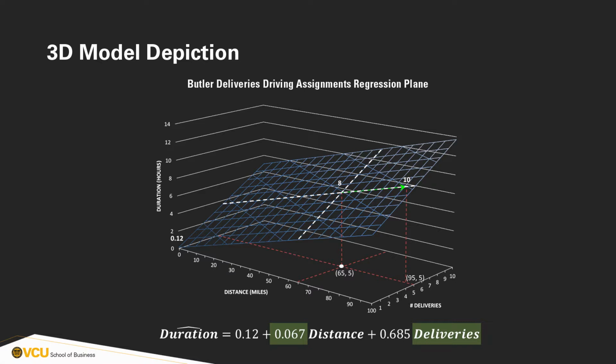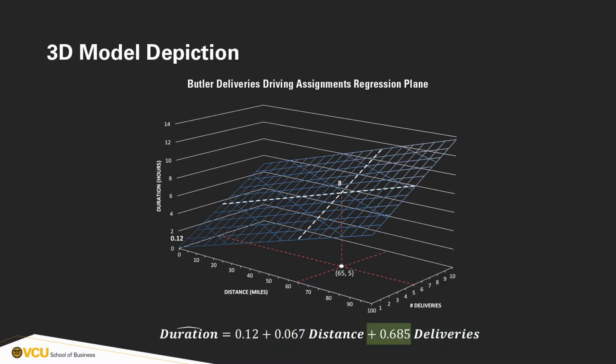So, the correct interpretation of the slope coefficient in multiple regression analysis becomes the change in the predicted response variable for a 1 unit increase in the explanatory variable while holding the other variables constant.